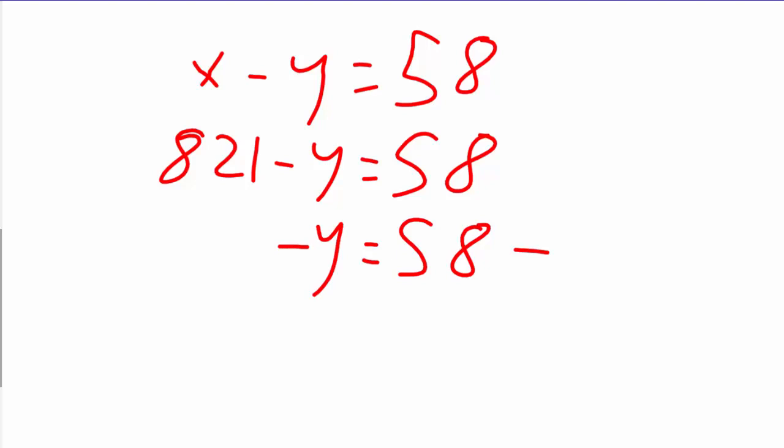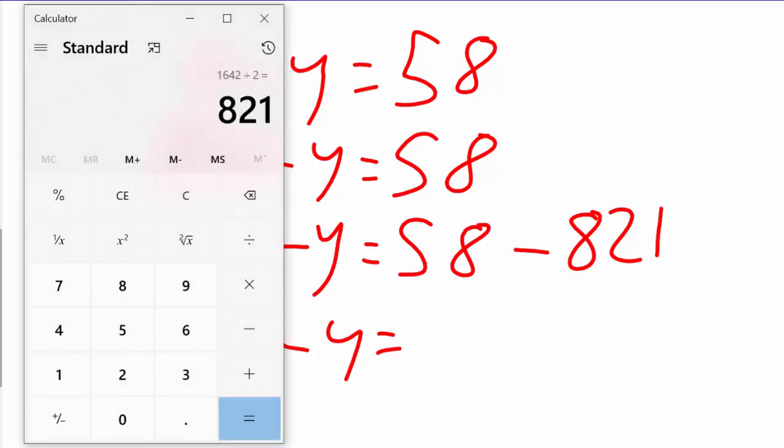So this is minus y. That going to the other side, minus y will be 58 minus 821. It's almost the same thing if you subtract the other way around.